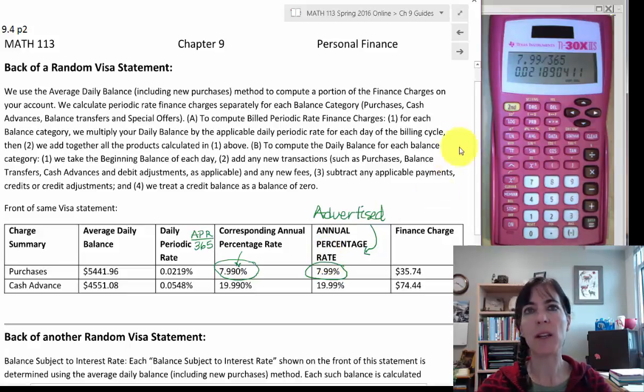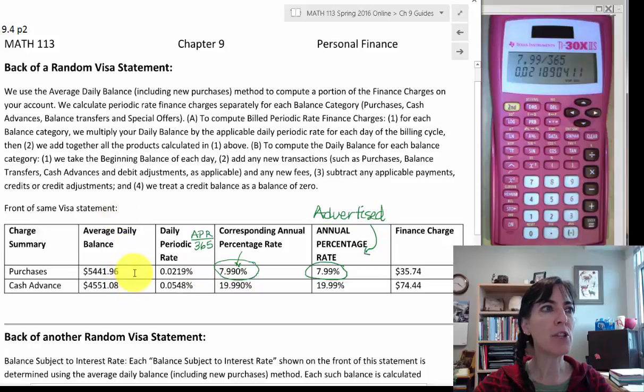If we look at that same position, 1, 2, 3, 4, this 8 would be rounded to a 9. So the percentage they're giving us is exactly the same as what we get when we divide by 365. It is a percent, and it's way less than 1%, but it's the percentage rate per day. So the daily periodic rate is what that's generally called.